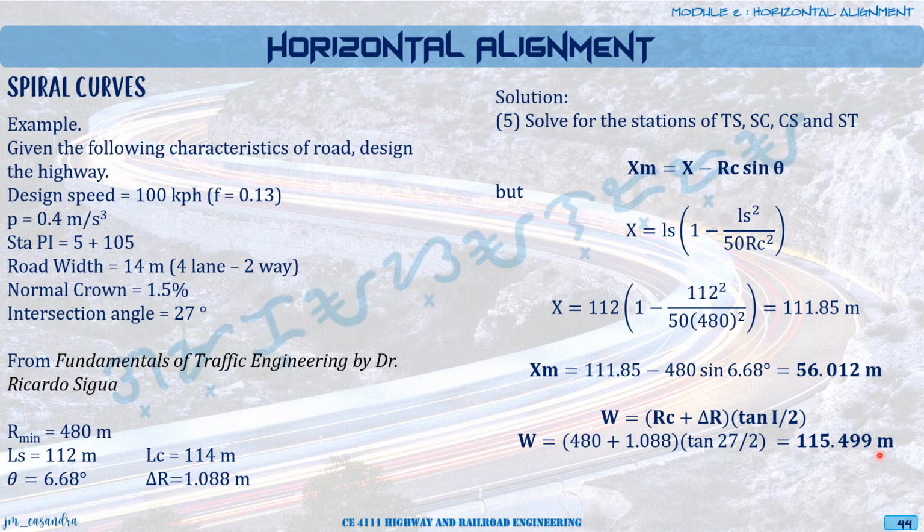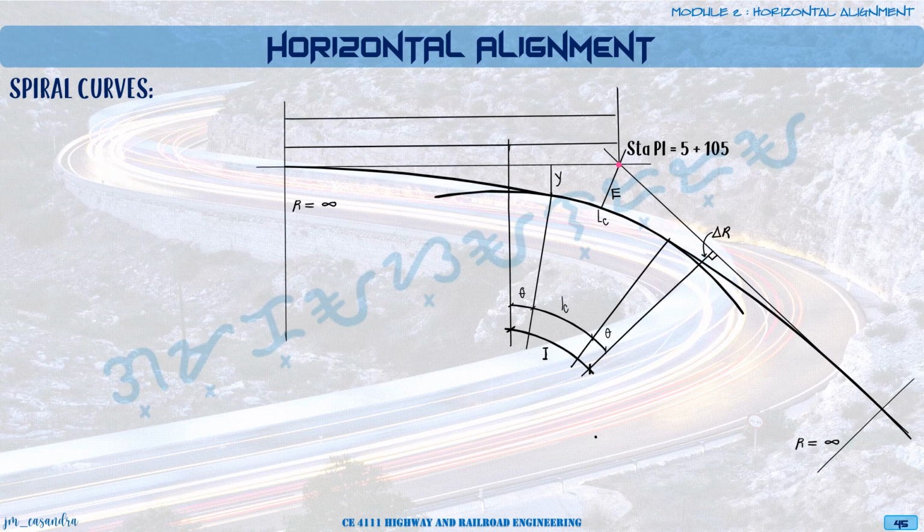TC is simply the sum of XM and W, so just add the two values. So TC is now equal to 171.511 meters.